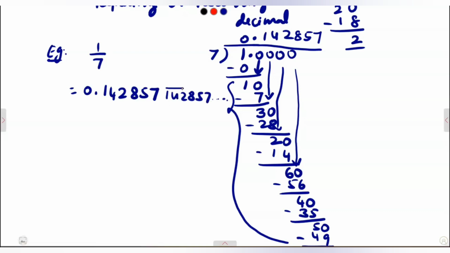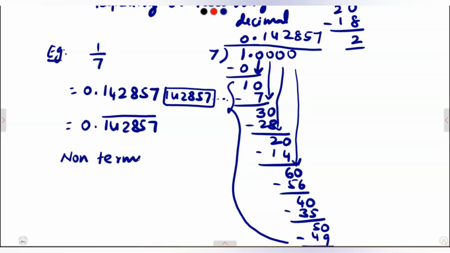So this particular block will be repeating always. So we can write it as 0.142857 with a bar over the block where it is repeating. So now finally we came to understand that if the denominator is 7, which is not a factor of 2 or 5, it is also non-terminating.